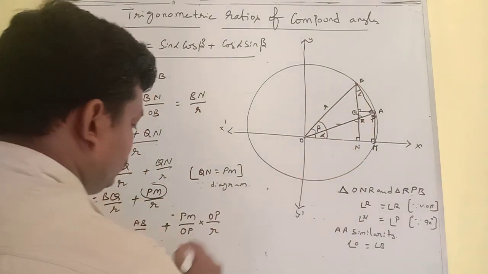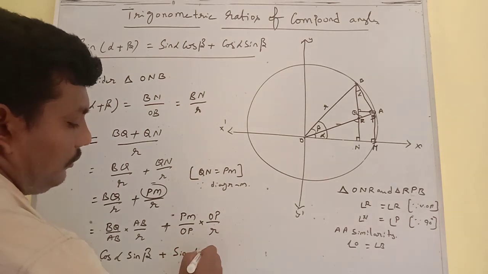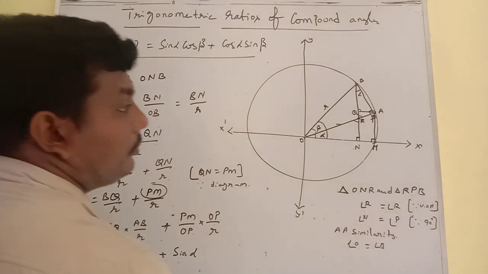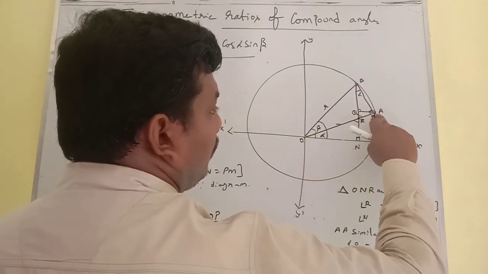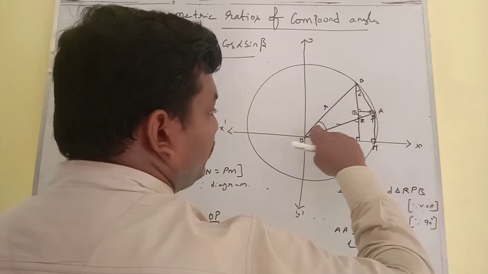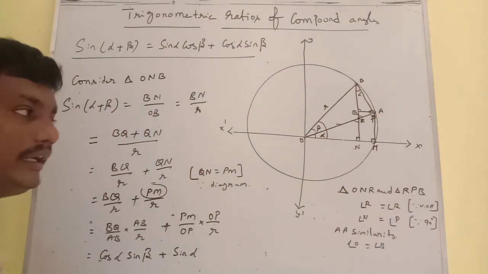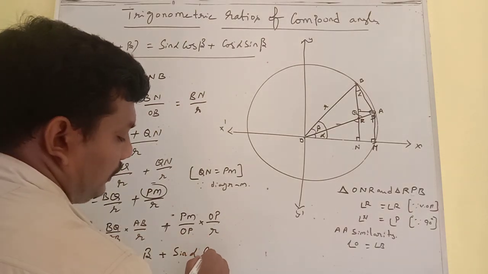Opposite side by hypotenuse is nothing but sin alpha. Into OP by R: OP is adjacent side to beta and R is the hypotenuse. The ratio becomes cos beta.